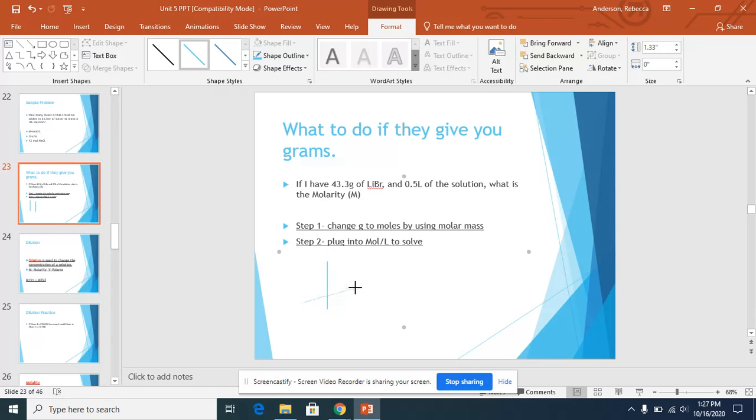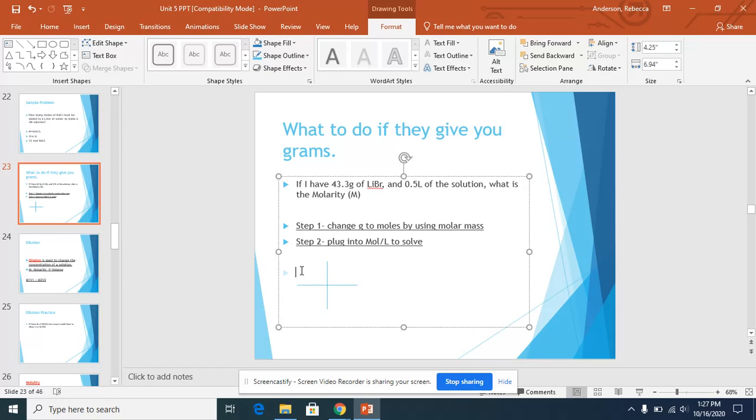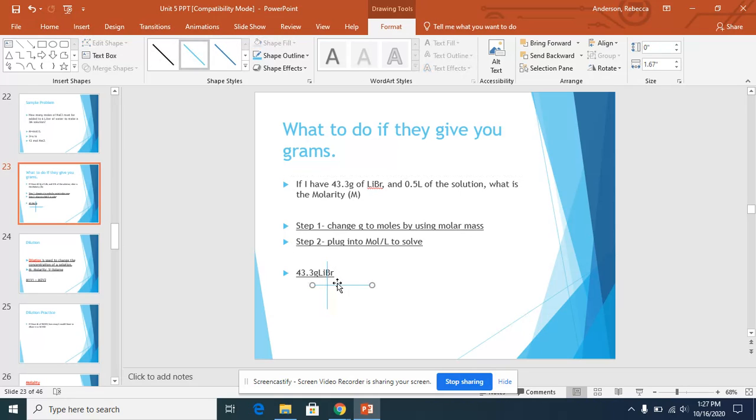You're welcome to do this on paper. You do not have to do this in your digital notebook. Okay, so we start with 43.3 grams of LiBr. And we need to get to moles of LiBr.